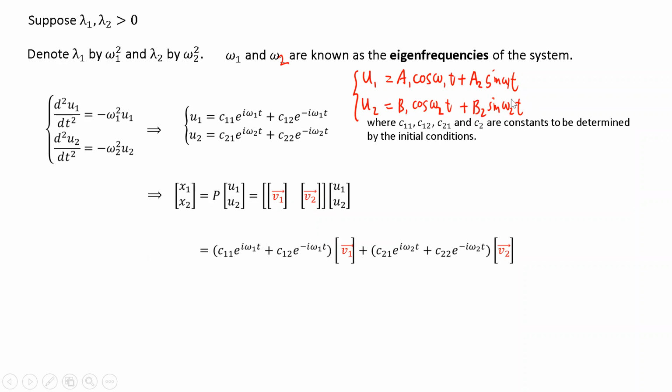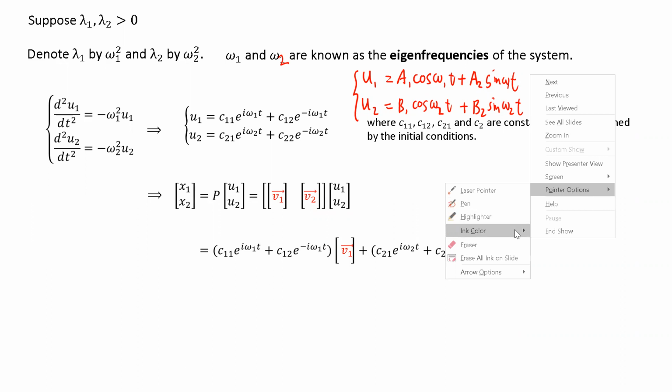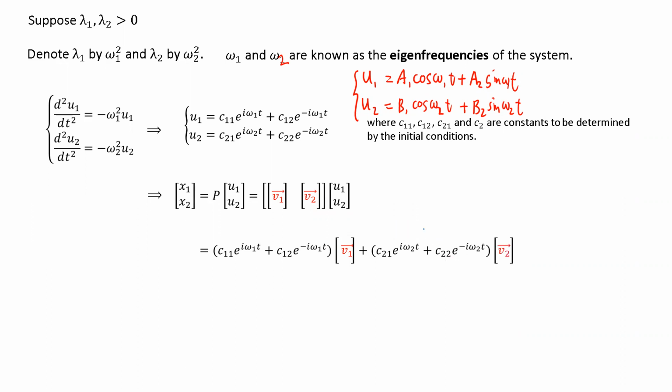And actually, let me make one more remark here. This A1 cosine omega1t plus A2 sine omega1t can also be written as A cosine omega1t plus phi1. And this one can also be written as B cosine omega2t plus phi2. Okay. So this red expression is equivalent to this blue expression.